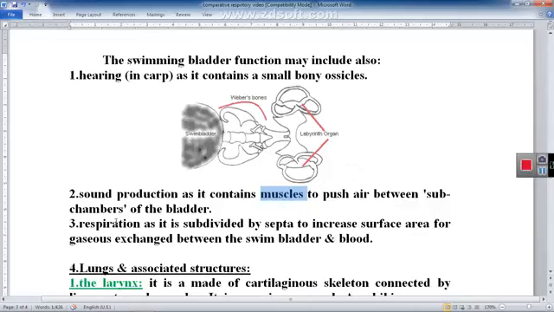And when the swim bladder is responsible for a respiratory function, usually it is found to be subdivided by septa from inside to increase the surface area, which allows gas exchange between the air and the swim bladder and the blood.